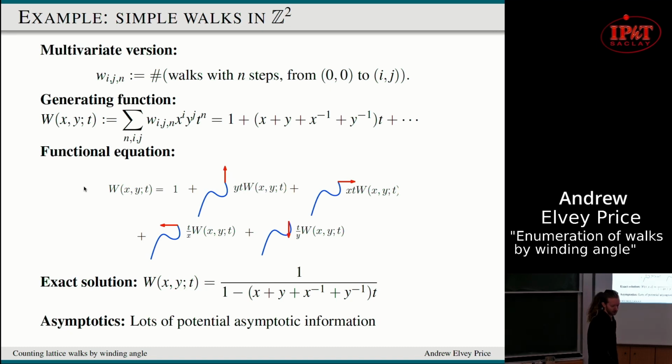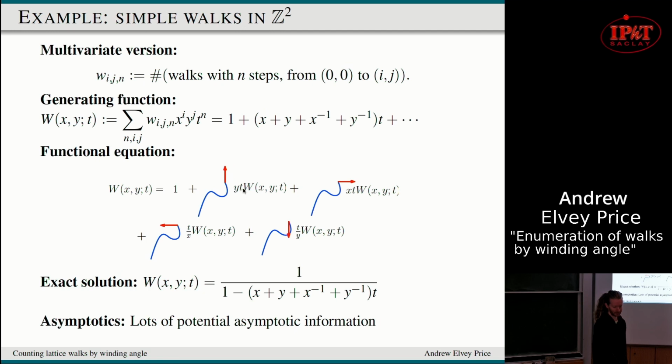Again, for walks of 0 length, we just get 1. And then for all other walks, we can think of them as a walk with a step added at the end. So for walks with an up step added at the end, we get a yt factor from the up step.